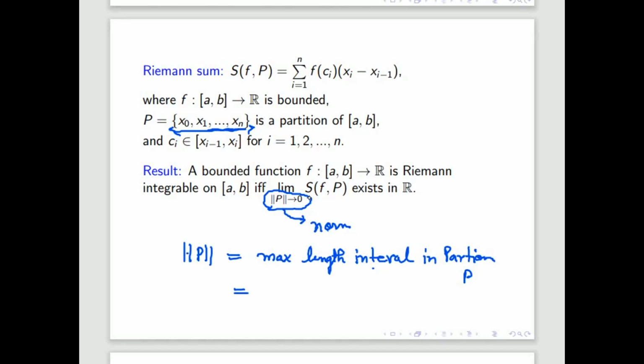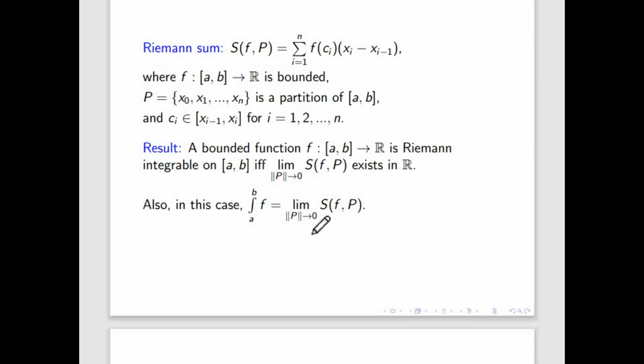In mathematical terms you can write the mod of xi minus xi minus 1 and take the maximum over i from 1 to n. So if i equals 1, that is x1 minus x0, then x2 minus x1. Which of these lengths is the maximum? That is the norm of P. If that length is going to 0 and if this limit exists, we'll say it is Riemann integrable.